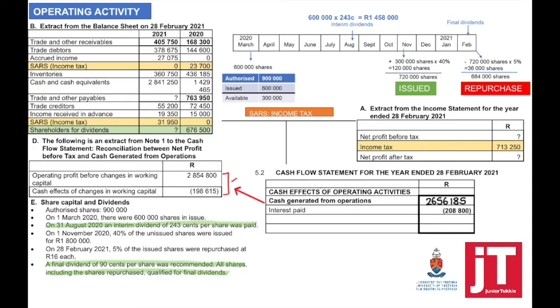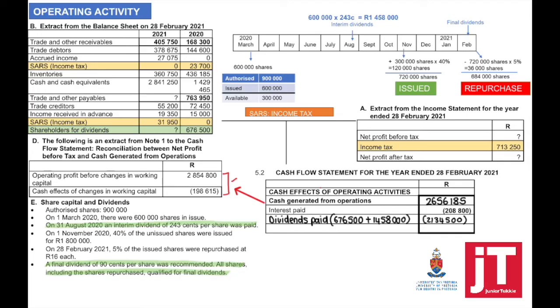Now, what is important to take note of, the interim dividends were paid out before the additional shares were issued. So to calculate our interim dividends, we're going to take 600,000 shares times 243 cents, or 2 Rand 43 cents. And that equals the interim dividends that were paid out.